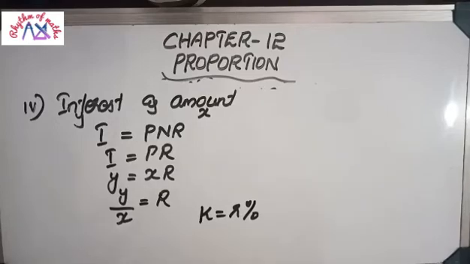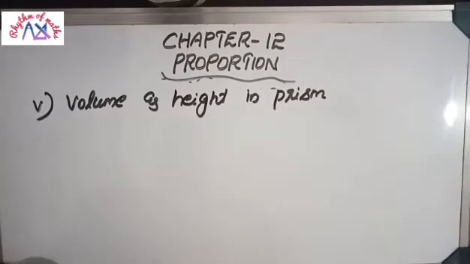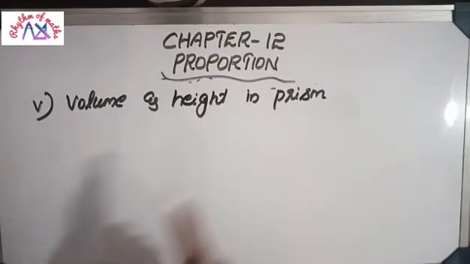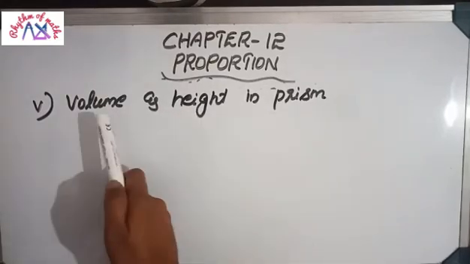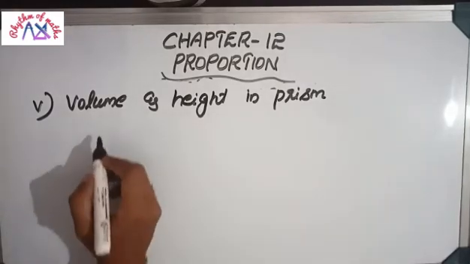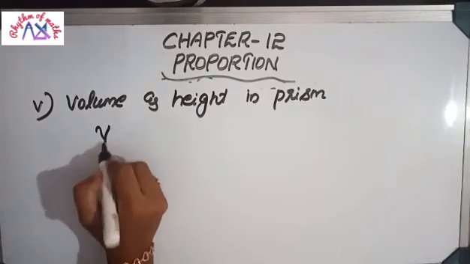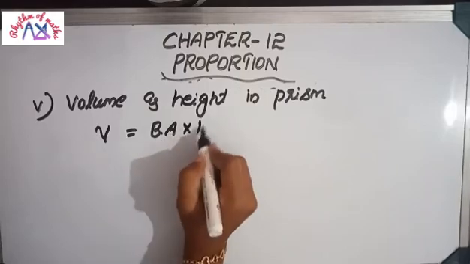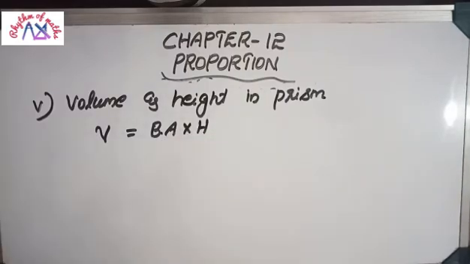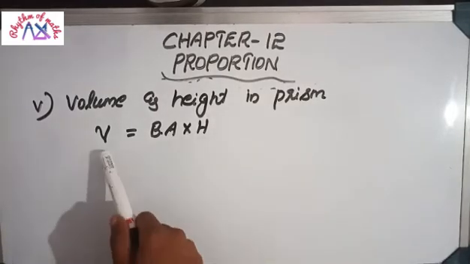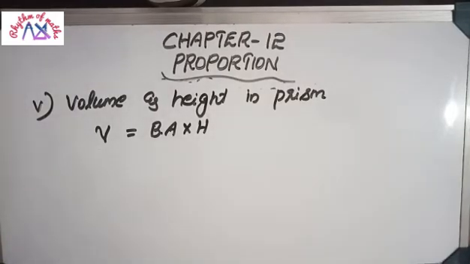Now let's do the fifth one: the volume of water in a hollow prism and the height of the water level. The question is whether volume and height are in proportion in a prism. The volume of any prism, as we learned in the prism chapter, is base area into height.